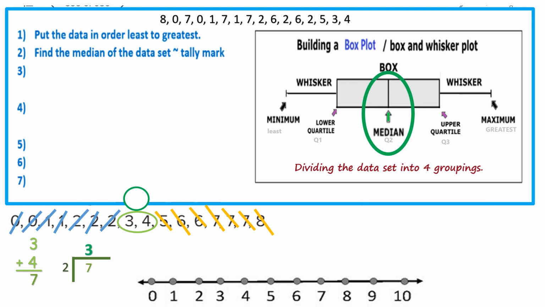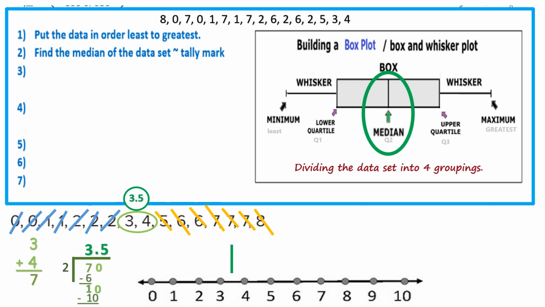And when I divide 7 by 2, well, 2 will go into 7 3 times, which gives me a remainder of 1. Now I'm going to find my decimal numbers, or you could do it as a fraction and get 3 and 1/2. Or when I do a decimal, I raise my decimal, add a 0, bring it down, and 2 will go into 10 5 times. Either way, I'm going to find that 3.5 is my median of this overall group.